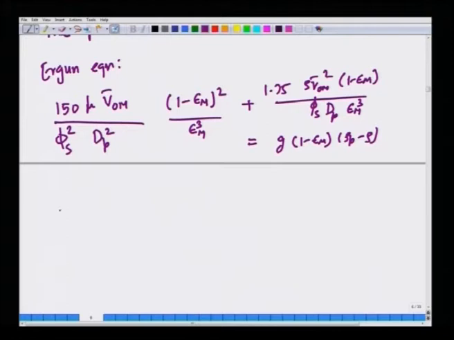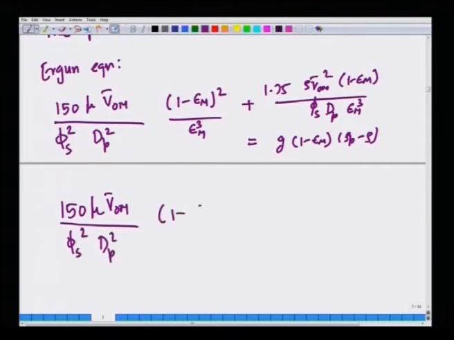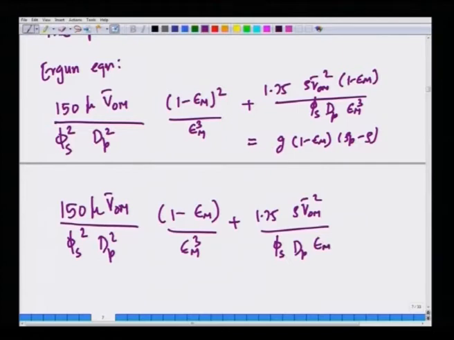So, I can rewrite this further after taking 1 minus epsilon m to the other side. I will get 150 mu V0m over phi s squared dp squared times (1 minus epsilon m) by epsilon m cubed, plus 1.75 rho V0m squared divided by phi s dp epsilon m cubed, equal to g times rho p minus rho.